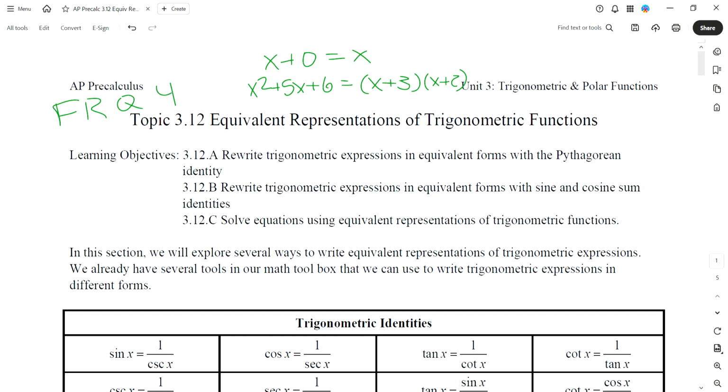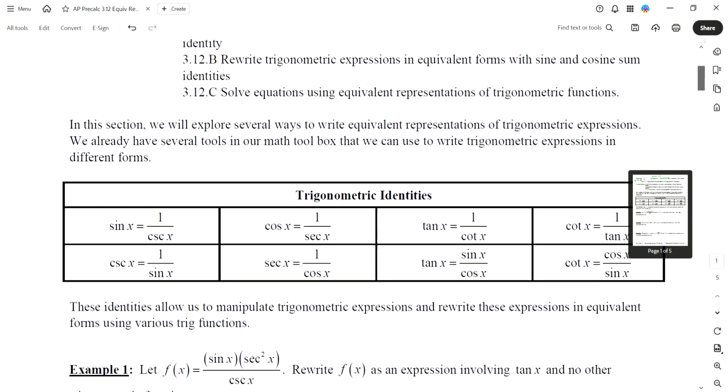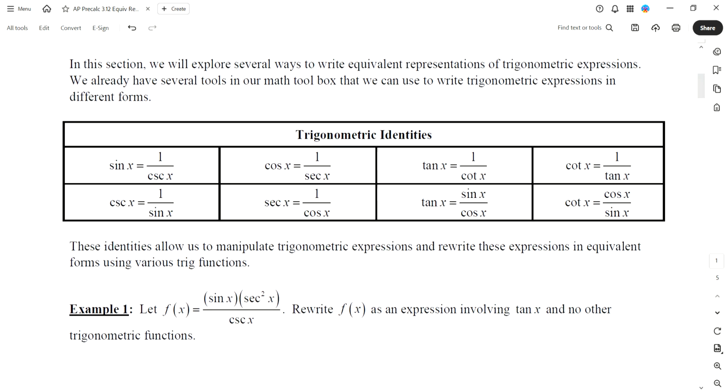Now, as you see in your notes, we know a lot of identities already. Every single function that we have seen so far is an identity.